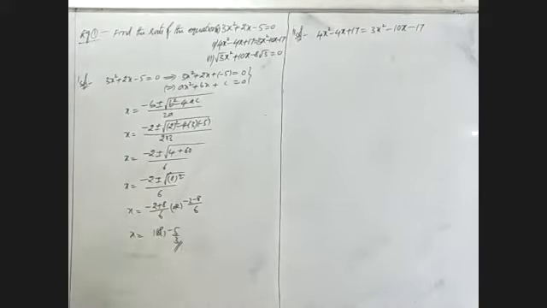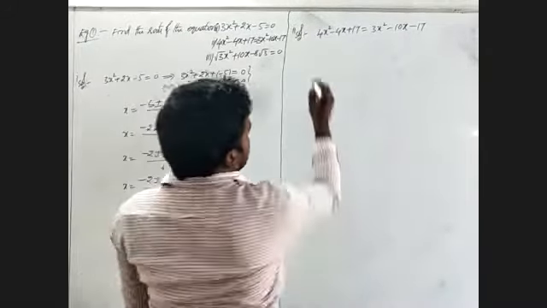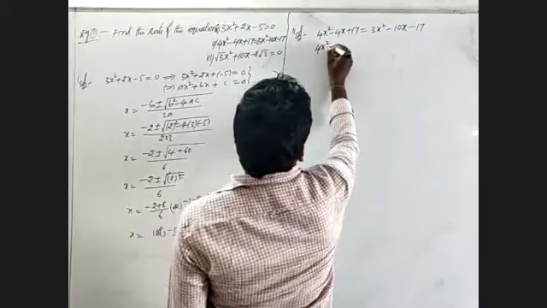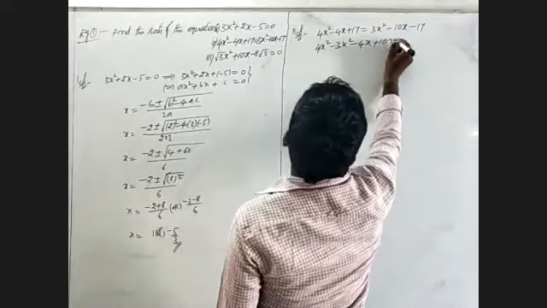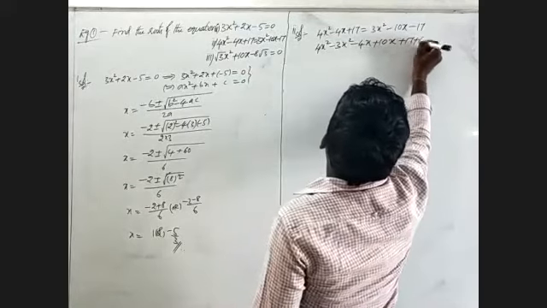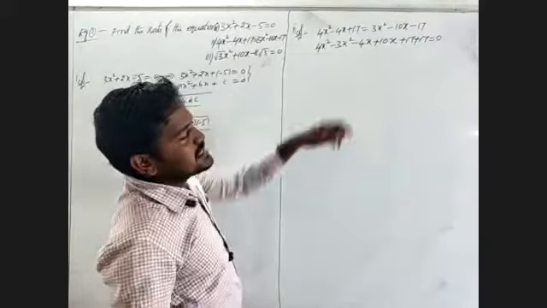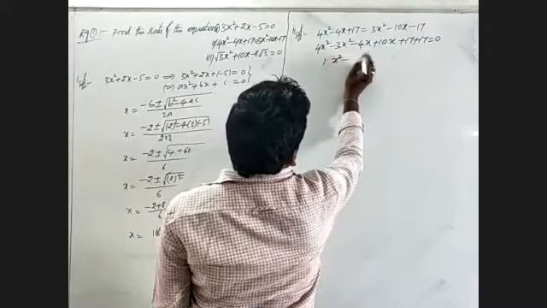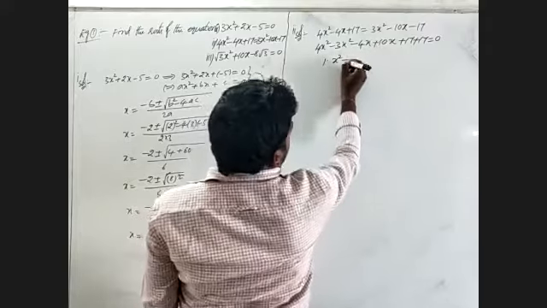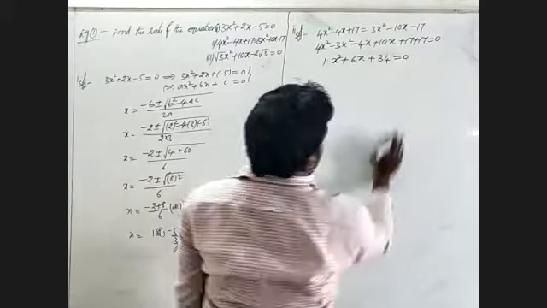Observe, this side value will move to this side. I will write 4x square minus 3x square minus 4x plus 10x plus 17 plus 17 is equal to 0. Observe, 4x square minus 3x square is x square, that I will write 1 into x square. 10x minus 4x, remaining 6x, plus 34 will become 0.